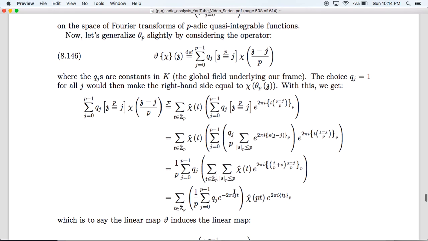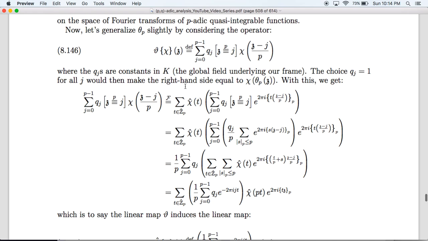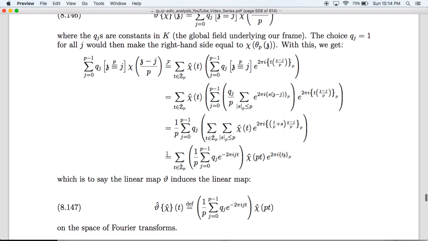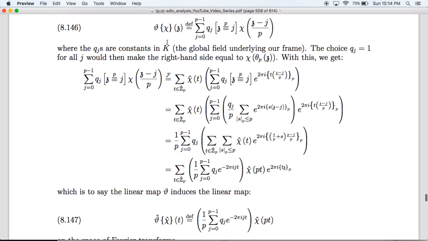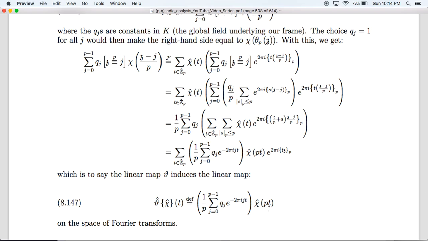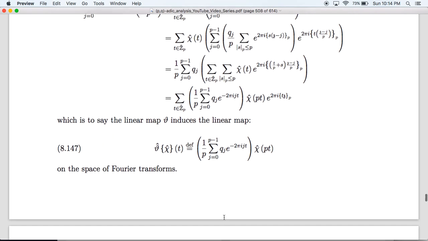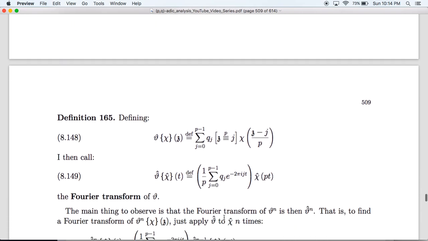And then when we do this, we get the following formula for the Fourier transform of theta of chi, which is to say that this linear map theta induces the linear map theta hat, which pre-multiplies chi hat by p and multiplies by this thing on the space of Fourier transforms. So defining this, I then call theta hat the Fourier transform of theta.